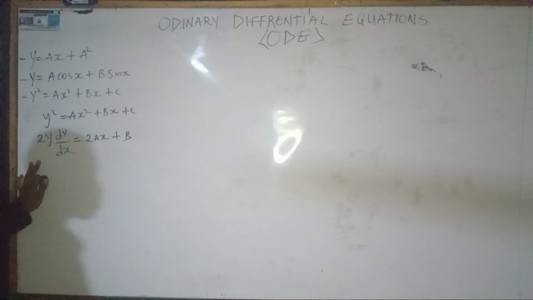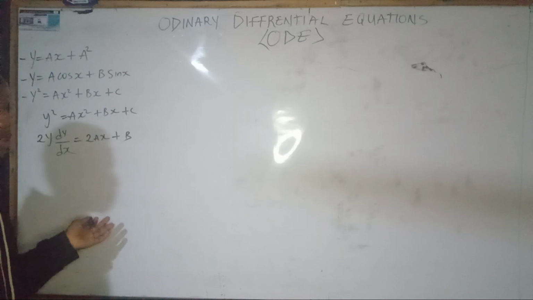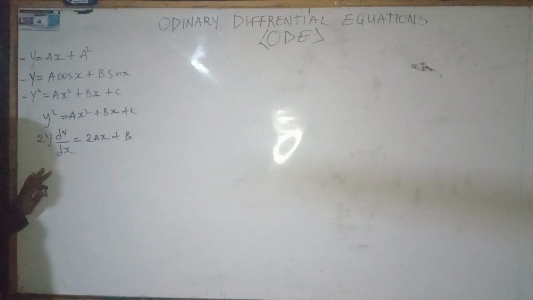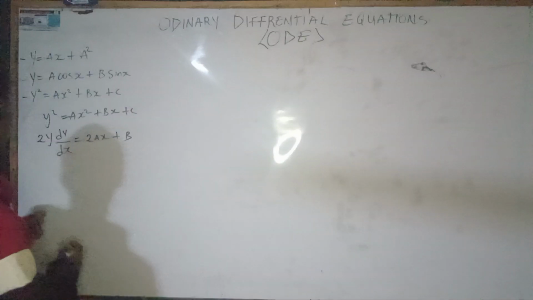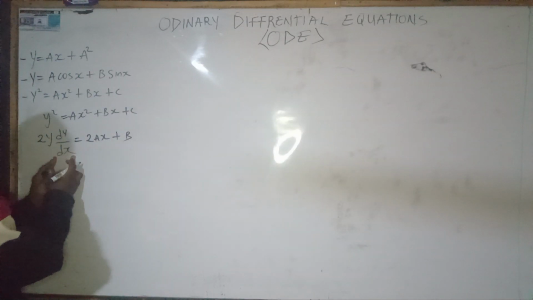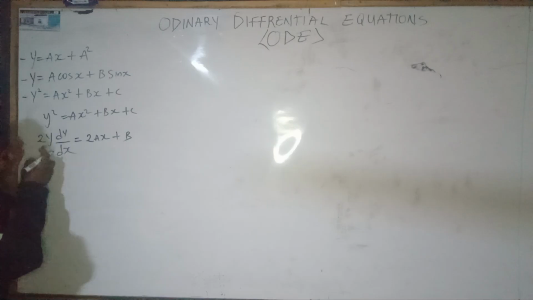That's just going to give us the first derivative. Now, if we want to differentiate this a second time, we are going to treat this as products of each other. So we differentiate 2y multiplied by dy/dx, and we differentiate dy/dx and multiply by 2y.